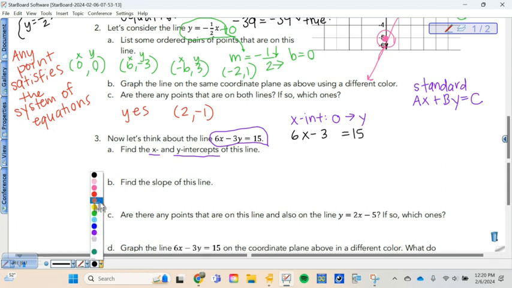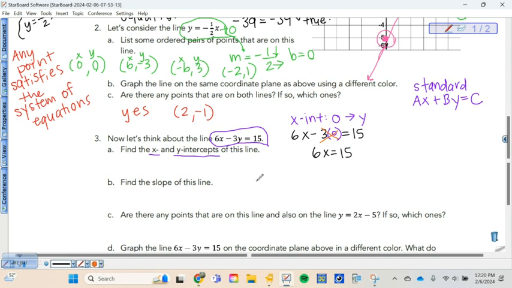So 6x minus 3 times 0. What's 3 times 0? 0. So that just goes away, and all I have left is 6x equals 15.